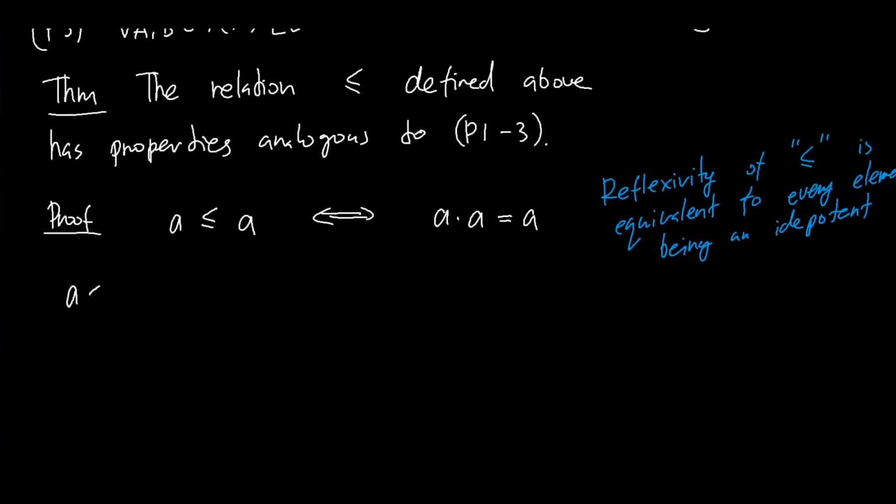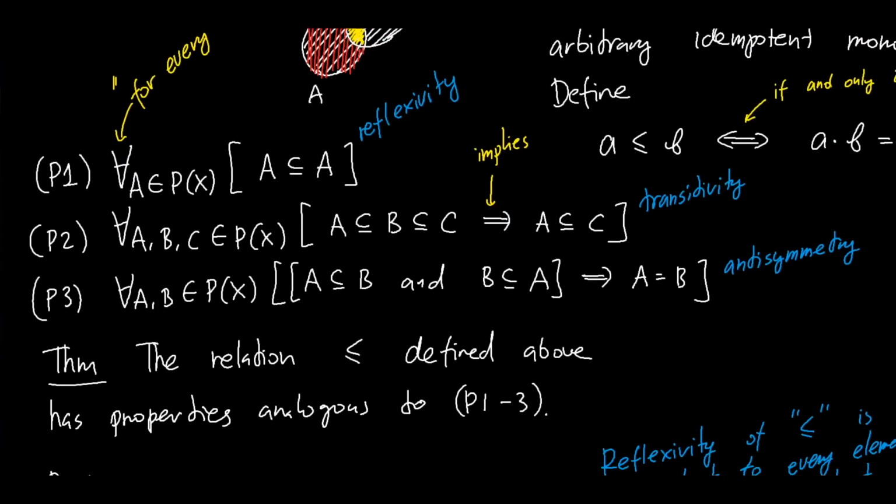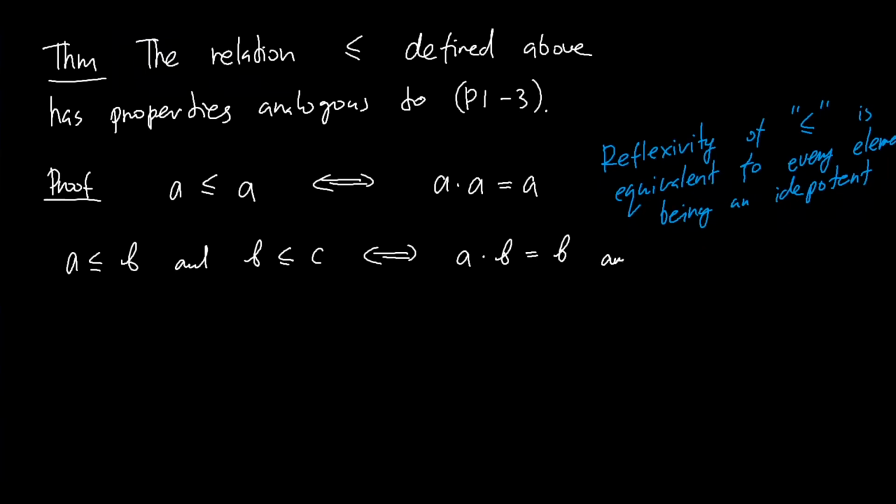Now let's look at transitivity. So A being less or equal to B and B being less or equal to C would be equivalent to A times B equal to B, right? Yeah, that's what we had there. And B times C equal to C. Now remember what we want.